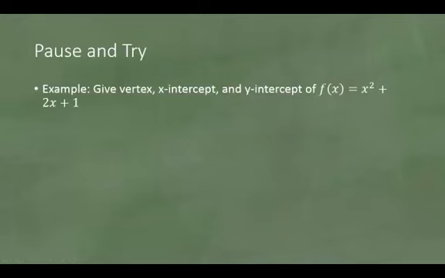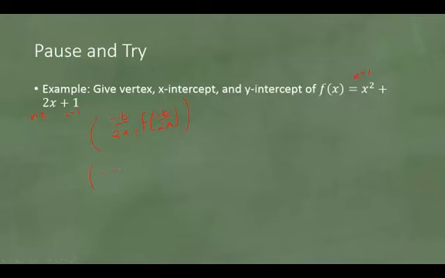Try the following on your own. Find the vertex, x-intercept, and y-intercept of x squared plus 2x plus 1. Remember, for the vertex here, we need negative b divided by 2 times a, and then the function at negative b divided by 2 times a. A is 1, b is 2, c is 1.